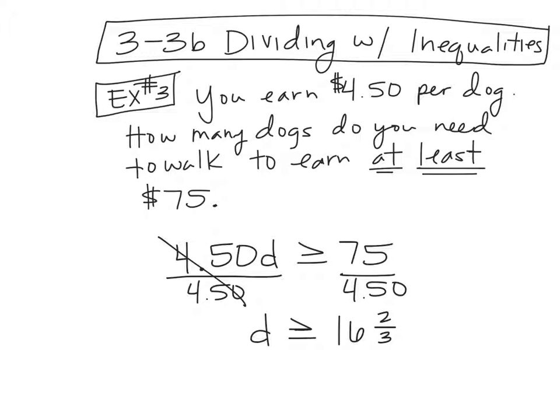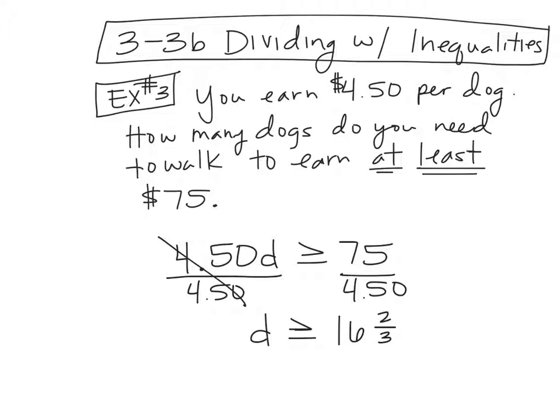Okay, or 16.6 repeating. Here's the question. Think about this one before you answer, okay? How many dogs would you have to walk? 17. Why? Because 16 is just going to make a little bit less, right? And you can't walk 2/3 of a dog, right?